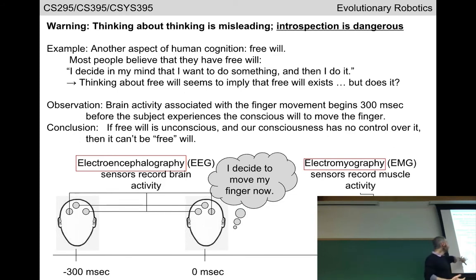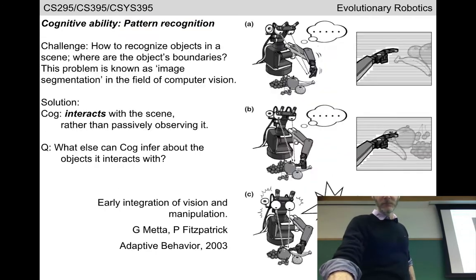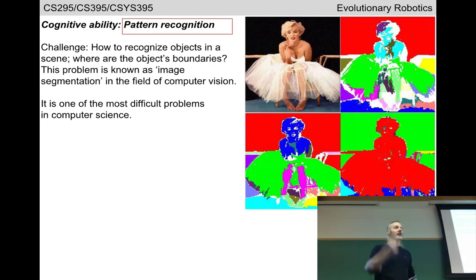But when we actually look more deeply or more carefully at what's going on inside a nervous system, it doesn't seem to line up sometimes with our understanding, with our introspection. So thinking about thinking is misleading, and introspection can often be dangerous. Hopefully, when I showed you the picture of Marilyn here, you recognized her almost instantaneously.